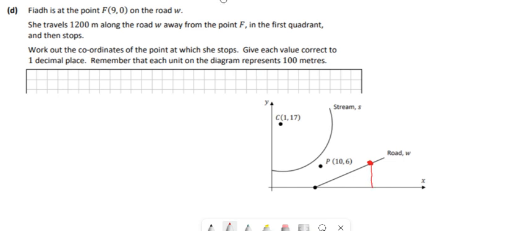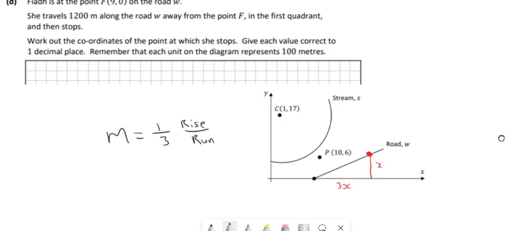Now the hardest thing to spot here is that we know that the slope of the line W, the road W, is 1 over 3. So if that's the rise and that's the run, for every 3 we go across, we're going to go up 1. Therefore I'm going to let the bottom be equal to 3x, and we'll let the side be equal to x, because whatever that x is, the bottom has to be 3x.